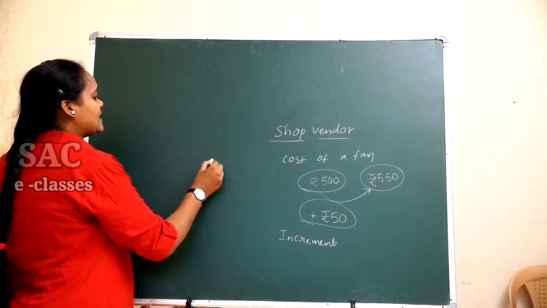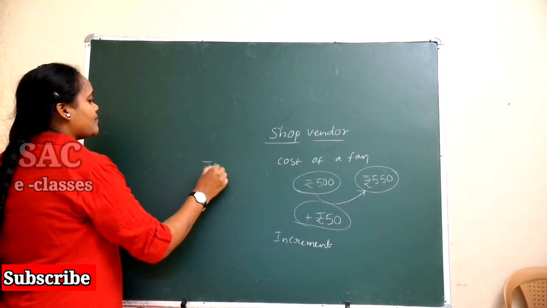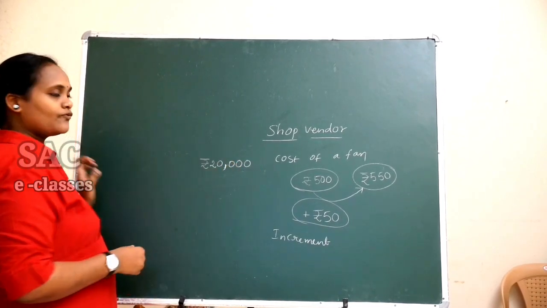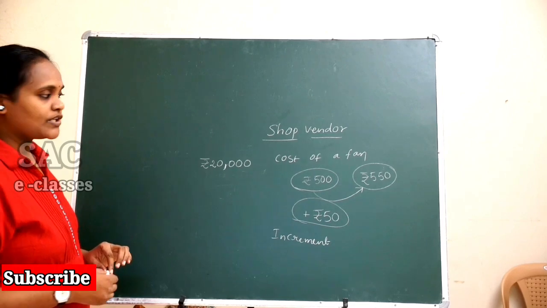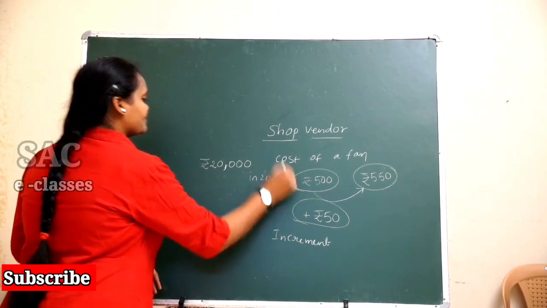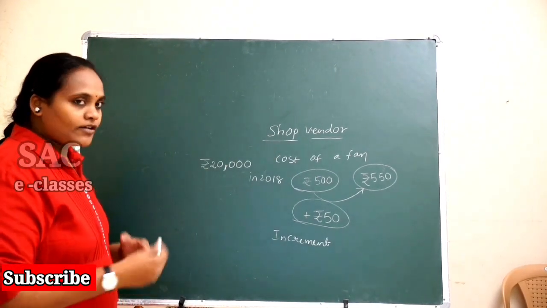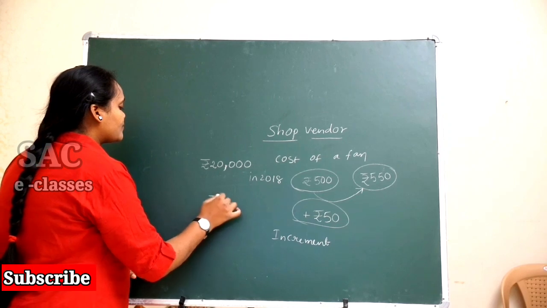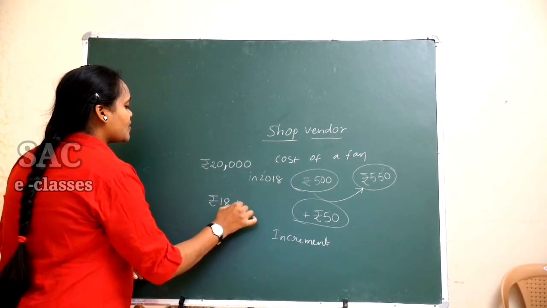Now let us consider some other example. Maybe your friend purchased a scooter for 20,000 rupees in the year 2018. But now he wants to sell it and purchase a new one.